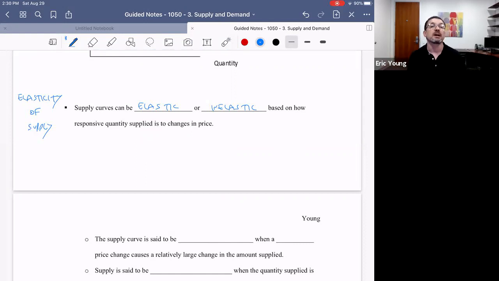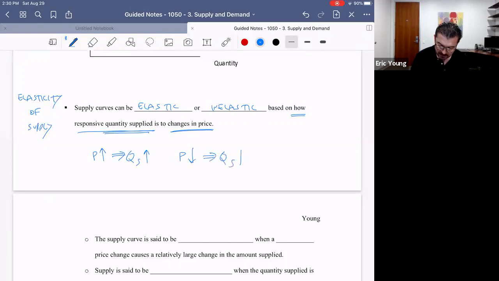So when we talk about elasticity of supply, we're trying to figure out just how responsive quantity supplied is to changes in price. Remember, the law of supply said as price goes up, QS goes up, and as price goes down, QS goes down. The law of supply is good. It tells us what's going to happen, but it stops there. Elasticity tells us by how much.